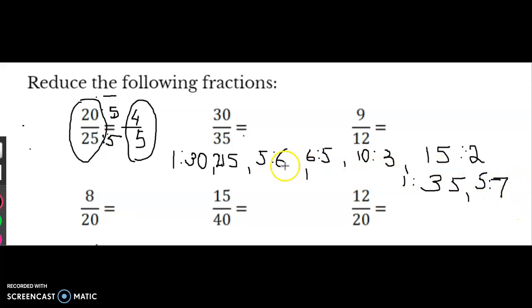Okay, let's stop here, because as you see, we already found one greatest common factor that can divide both our numerator and denominator, which is 5.